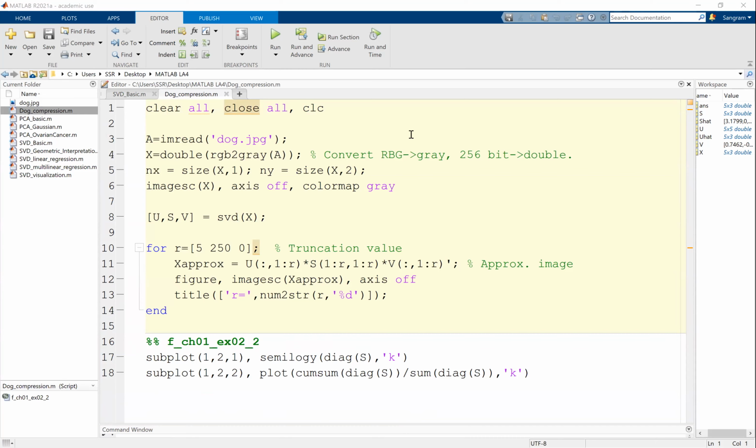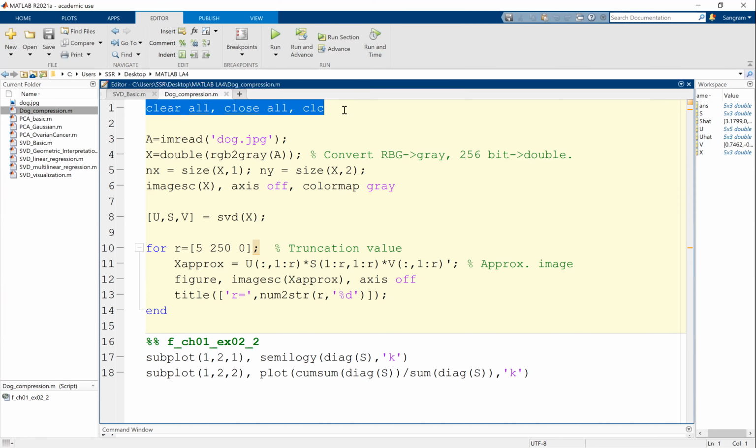I'm going to go line by line through this code. Clear all, close all, clc, clear everything, clear all the variables. Once I execute that, please note the workspace will be cleared, and the command window will be cleared.